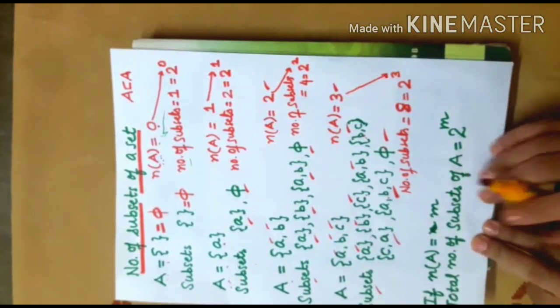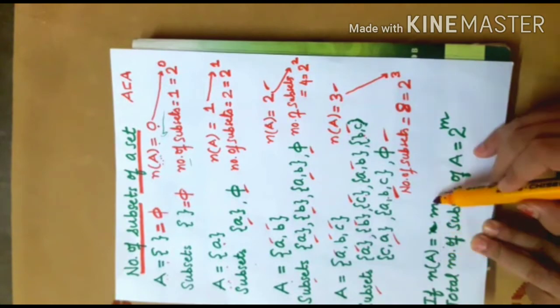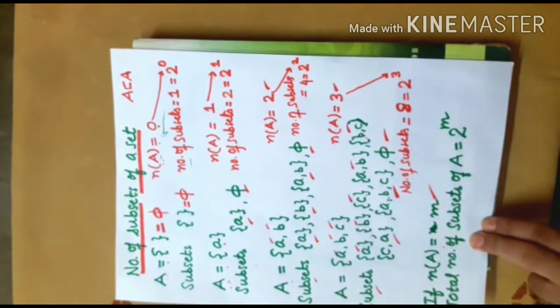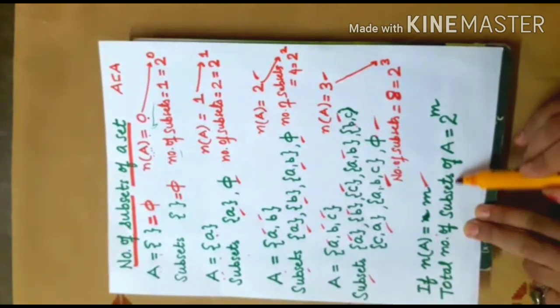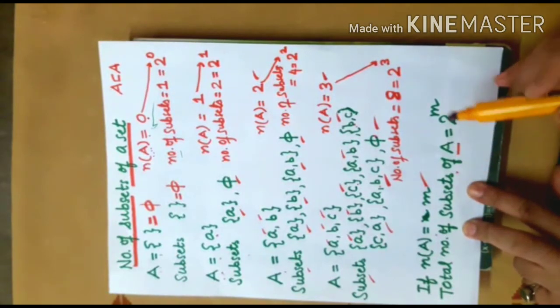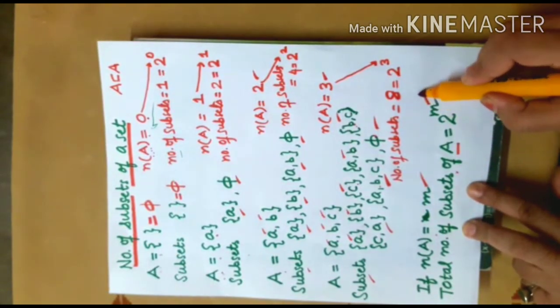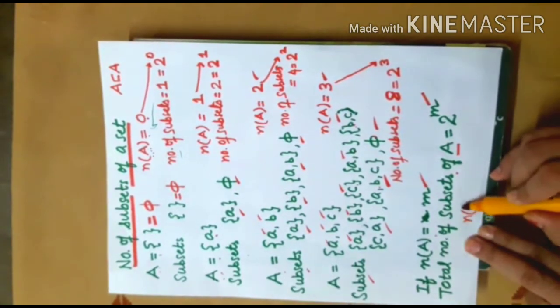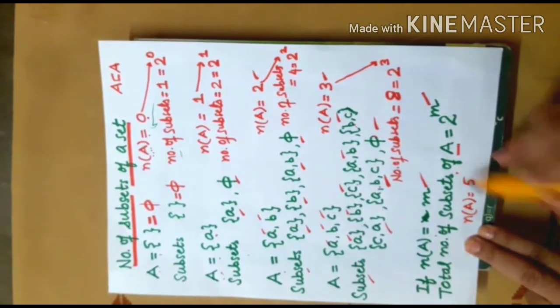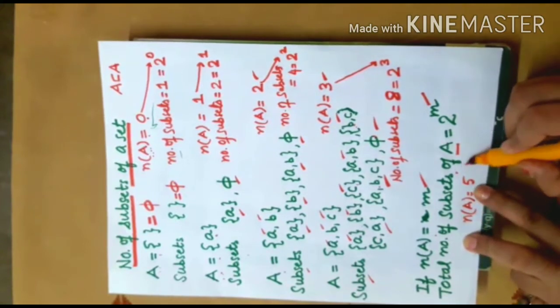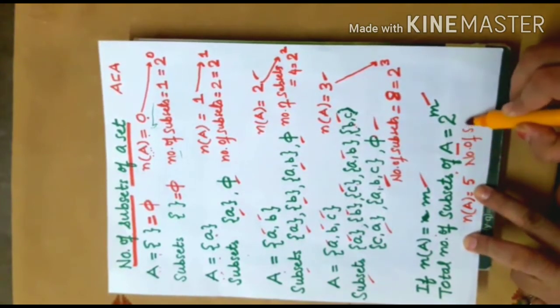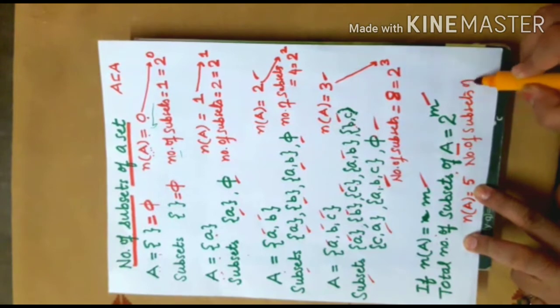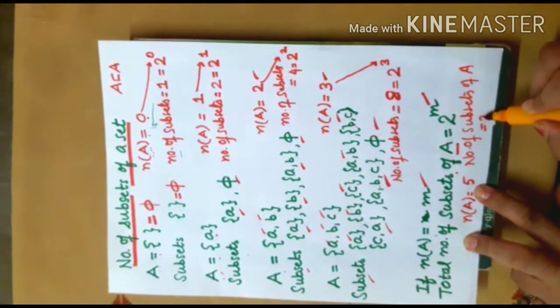So in general, if a set A has m elements, then the total number of subsets of A will be 2 raised to the power m. That means if a set A has 5 elements, then the number of subsets of A will be 2 raised to the power 5, that is 32.